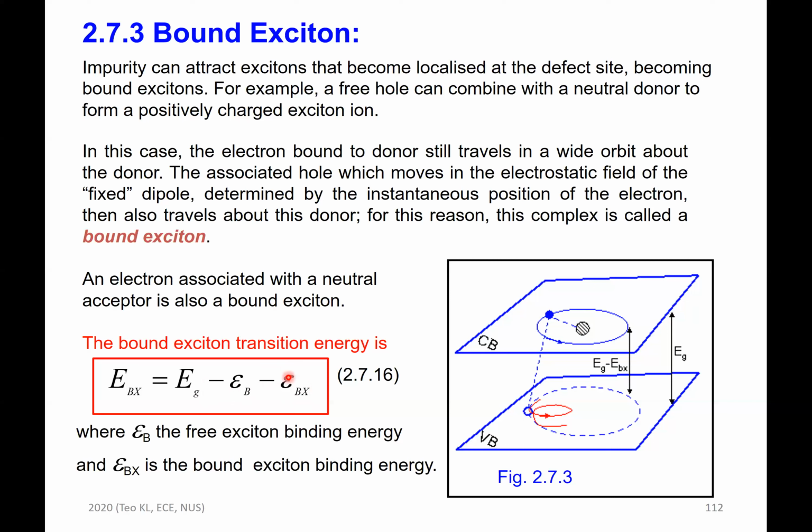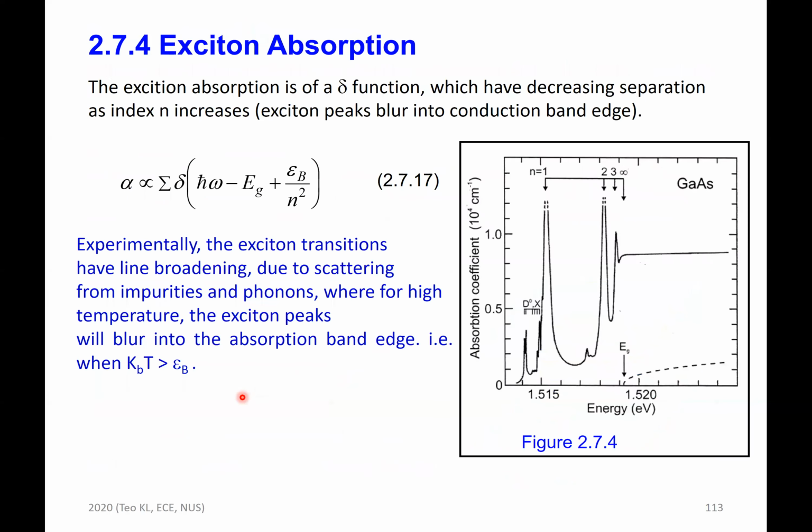So it's slightly lower than the transition energy of the free exciton. So if you look at the exciton absorption, exciton peaks are very sharp. It's almost of a delta function. So if we plot the absorption coefficient as a function of energy, especially at low temperature, you will see a series of sharp peaks.